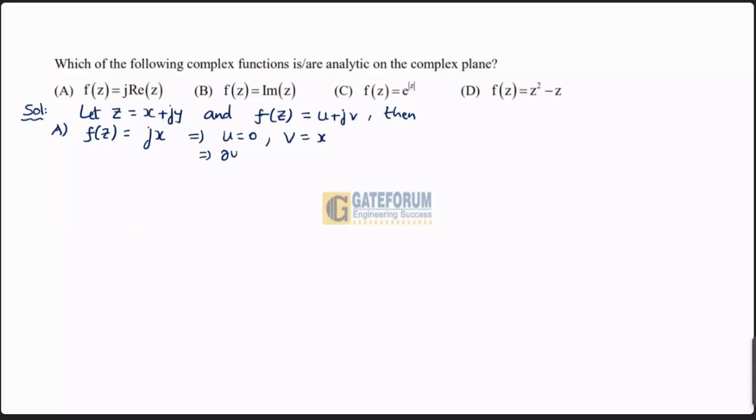Dou u by dou y is 0, dou v by dou x is equal to 1. This implies dou u by dou y is not equal to minus dou v by dou x. That is the Cauchy-Riemann equation. CR equations are not satisfied.